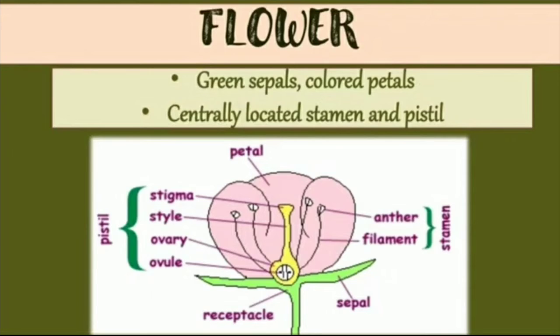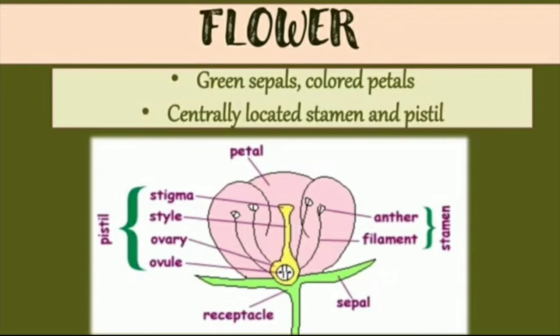One end of the pedicel is attached to the stem. The other end of the pedicel is expanded and swollen. It is called the receptacle, as you can see in the figure, children.